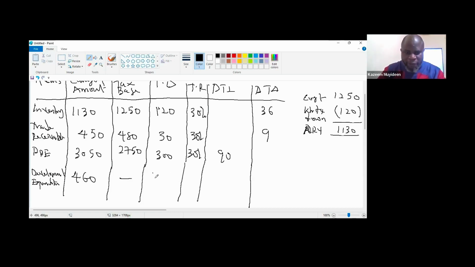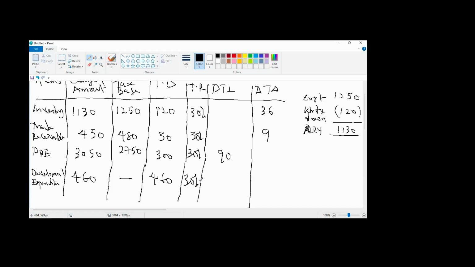The temporary difference will now give us 460. At a tax rate of 30%, it is a deferred tax liability because development expenditure is an intangible asset, just like brand name, goodwill and licensing. So 460 times 0.3 gives me 138.